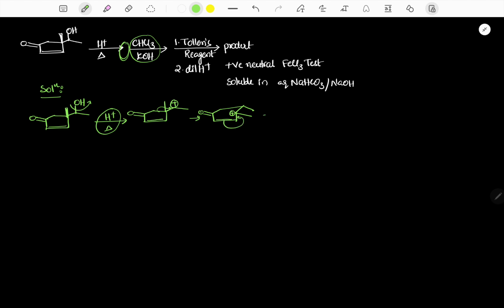The structure can be written like this: 6-membered ring, double bond, O, double bond, methyl, positive, methyl. Now it undergoes elimination. Finally we get the corresponding product like this. It is simply dehydration. Now this proton undergoes tautomerization and we get our phenol derivative.